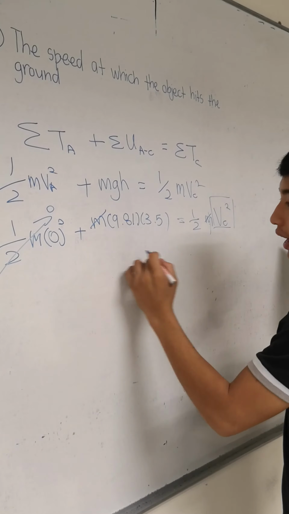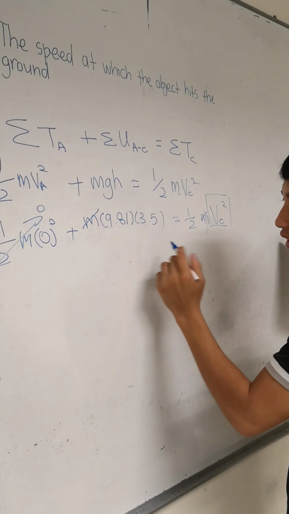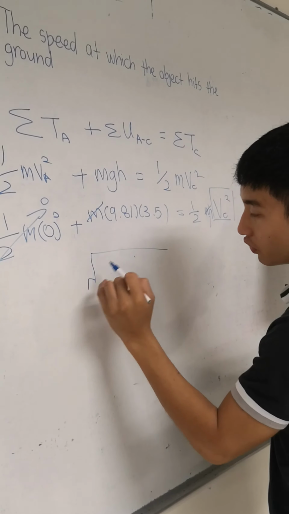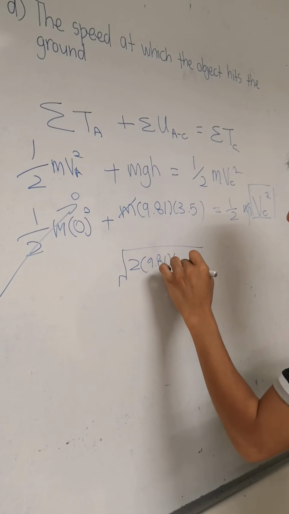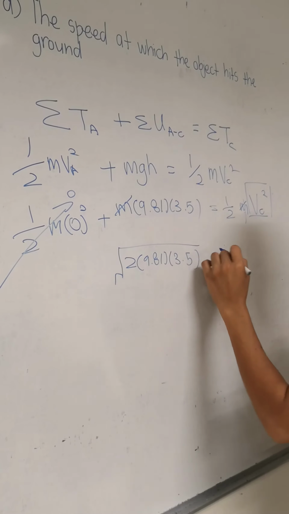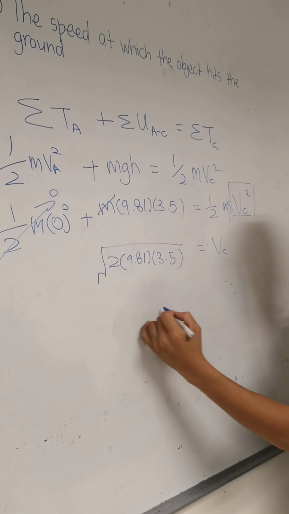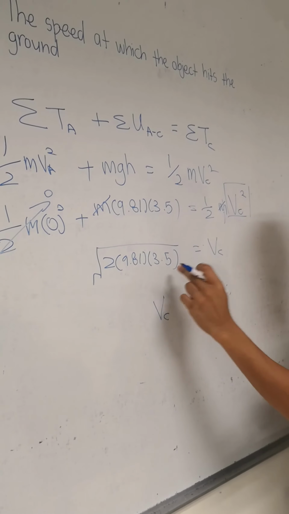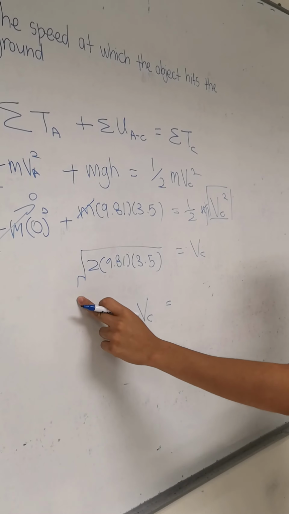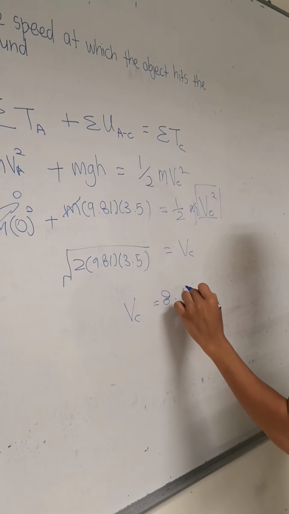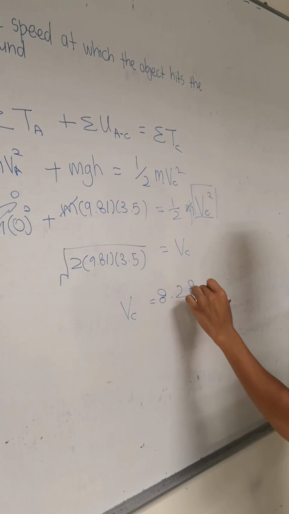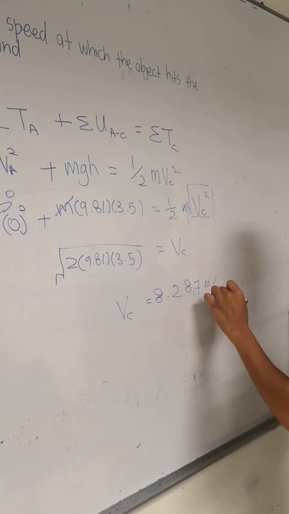After we move everything here, we will get the equation square root of 2 times 9.81 times 3.5 equal to VC. We solve this using calculator, and we get VC equal to 8.287 meter per second.